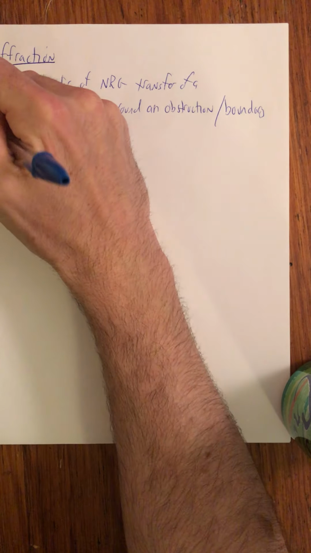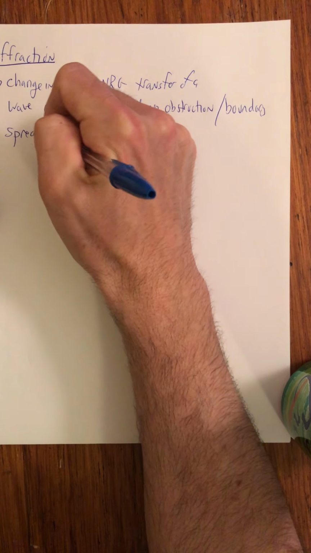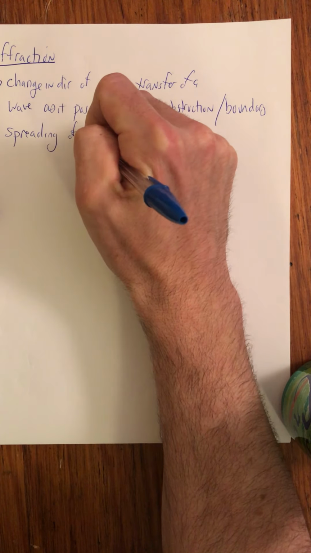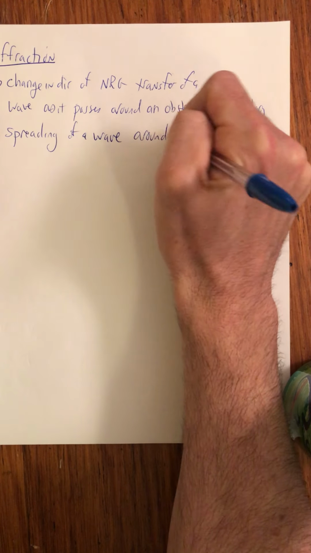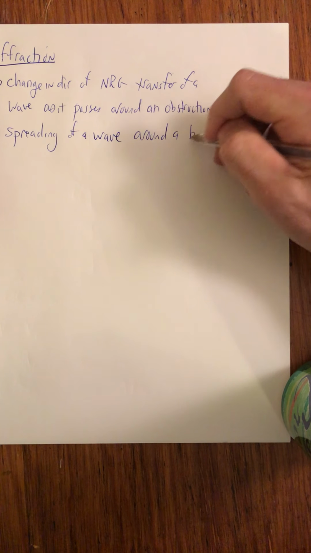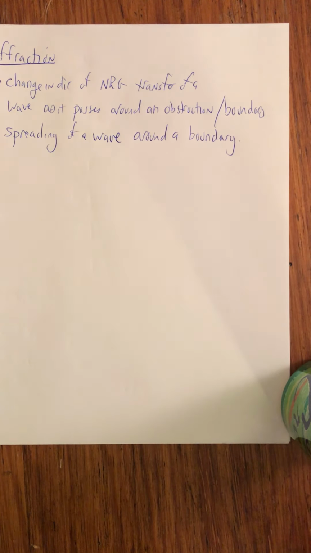Some people will also describe diffraction as the spreading of a wave around a boundary. Both are totally fine in terms of definition.